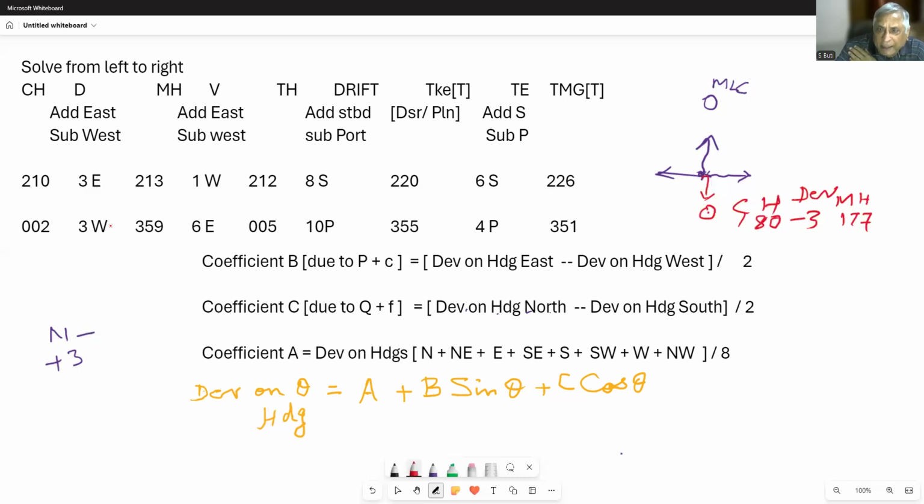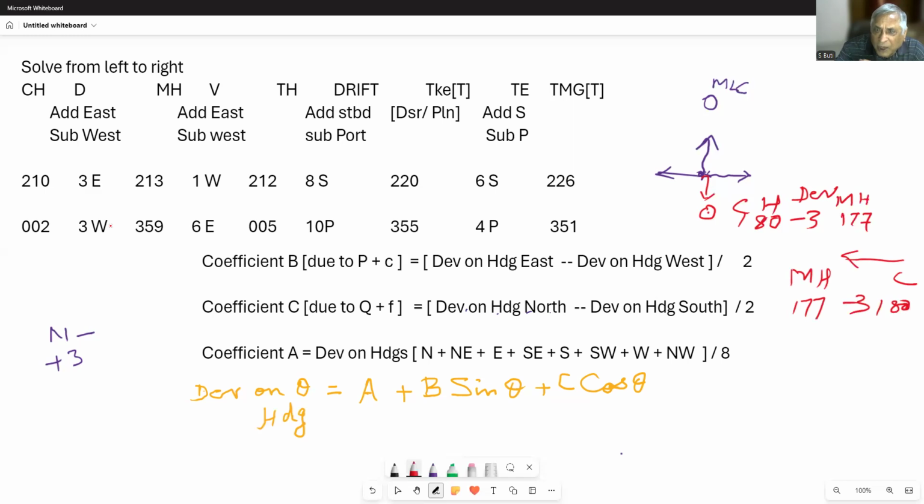Solve CDM. In the examination, sometimes he will give you magnetic heading first. That magnetic heading is 177, or the master compass is 177, and the aircraft compass reads 180. Again, solve CDM. And deviation will be minus 3.